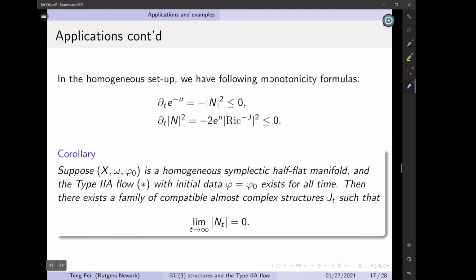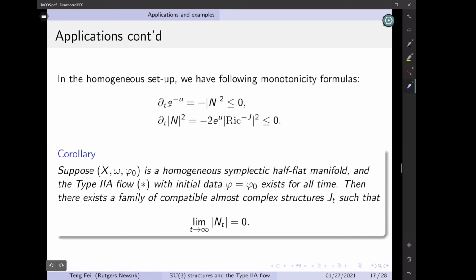This is because we know all the scalar functions in this case are constant by the homogeneity. So many terms drop out if you compute the evolution equation of such quantities along our flow. So we get more monotonicity formulas.